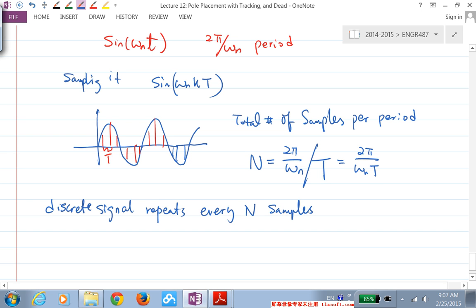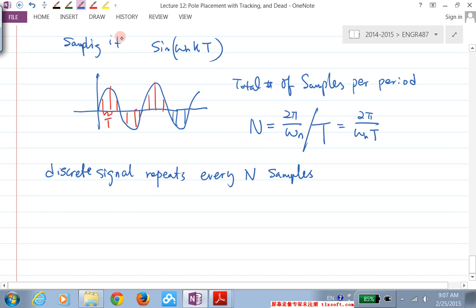If this signal repeats every N samples, our sampled signal is sine of omega n T k. For any sinusoidal signal, if you add a 2 pi, it doesn't change.